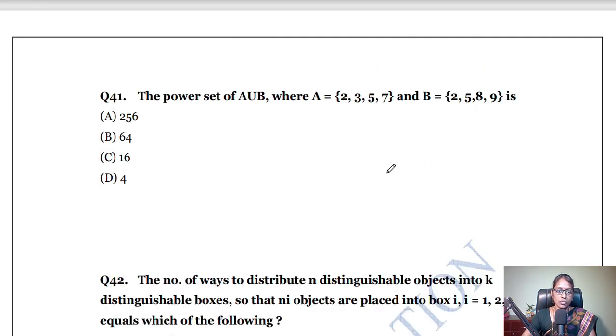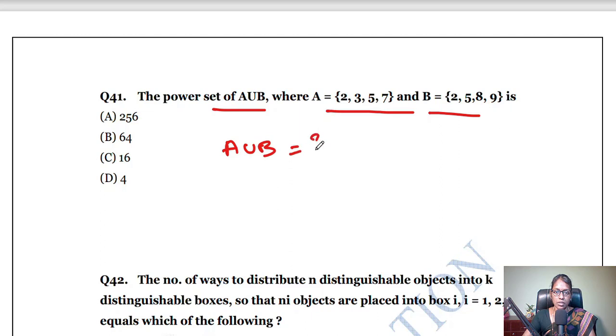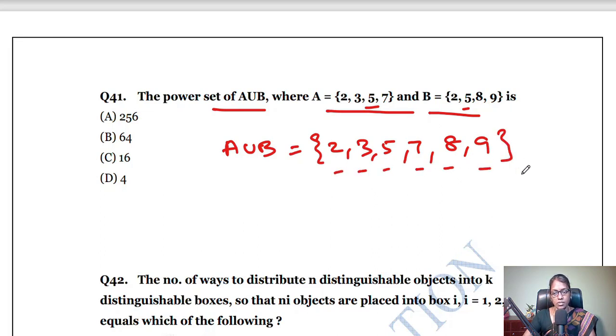The next question is the power set of A union B. This is set A and this is set B. First you have to find A union B, that is 2, 3, 5 (which is present 2 times, so you write it one time), 7, 8, 9. How many elements are there? 1, 2, 3, 4, 5, 6.